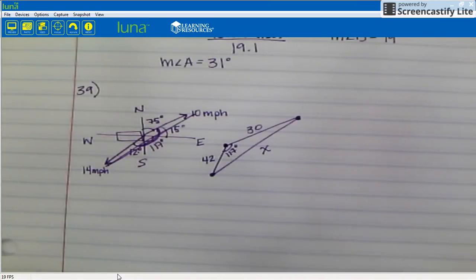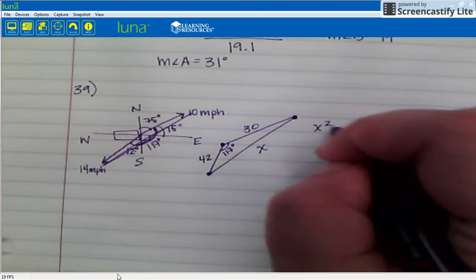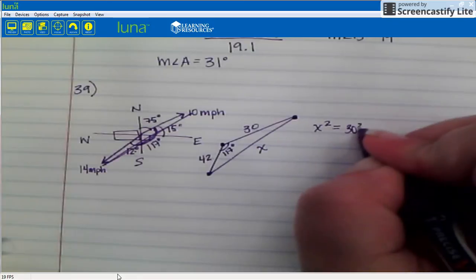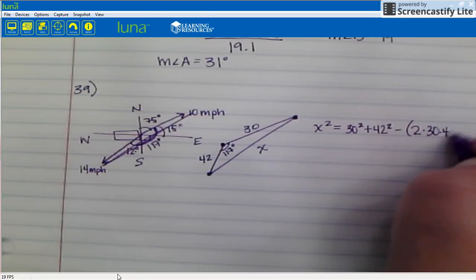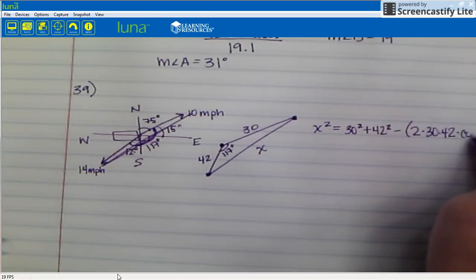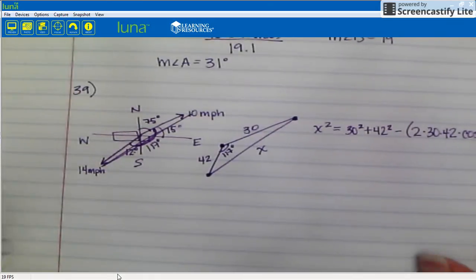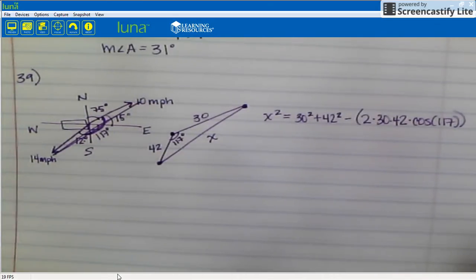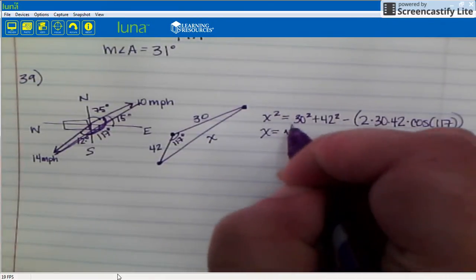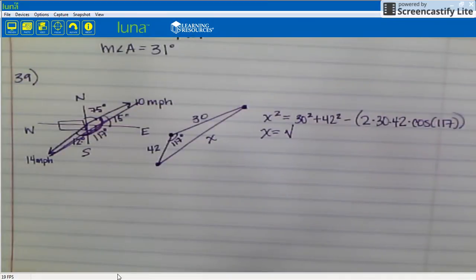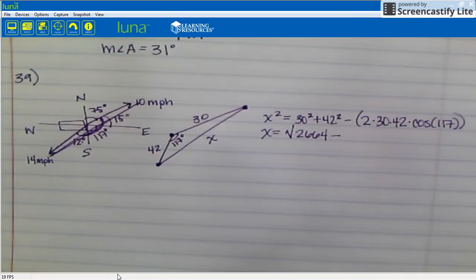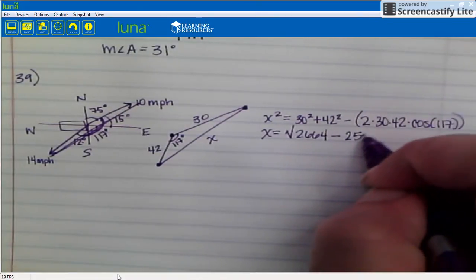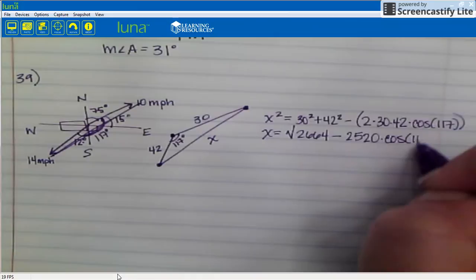So what I do is I use the law of cosines. So x squared is equal to 30 squared plus 42 squared minus 2 times 30 times 42 times the cosine of 117. And then to solve for x, I'm going to take the square root of all of that. So 30 squared plus 42 squared gives me 2664 minus 2520 times the cosine of 117.